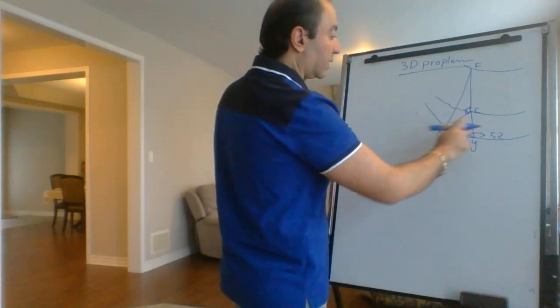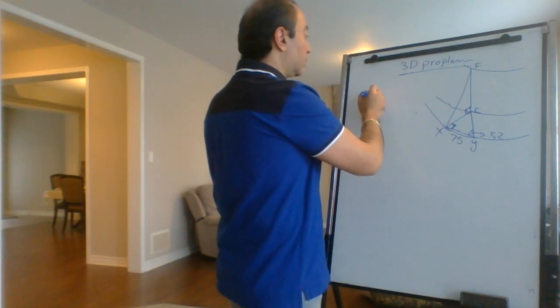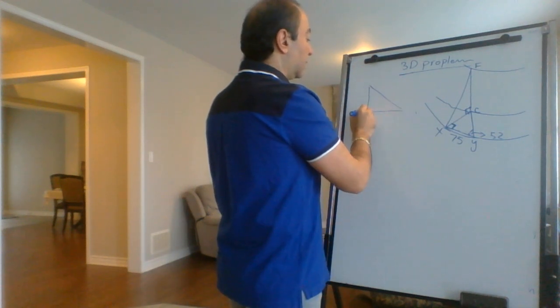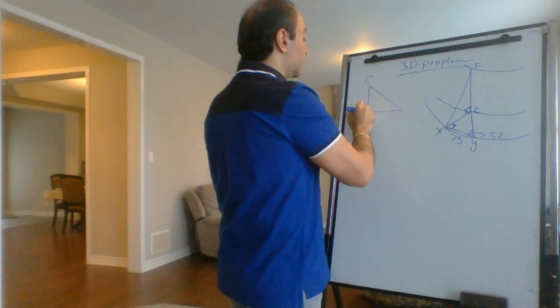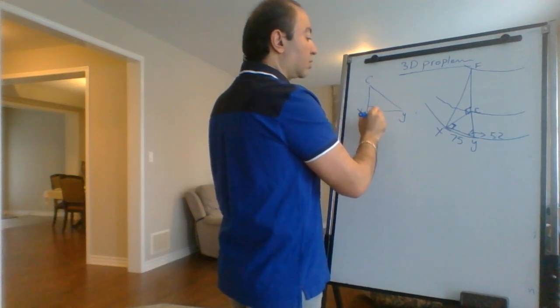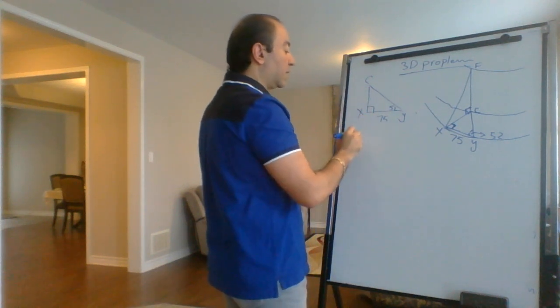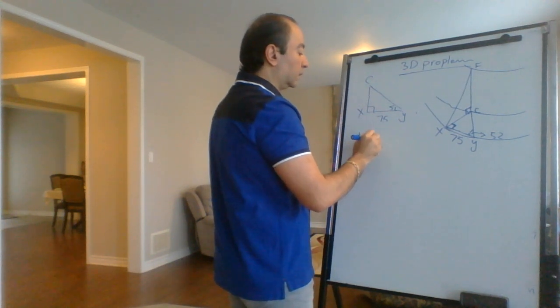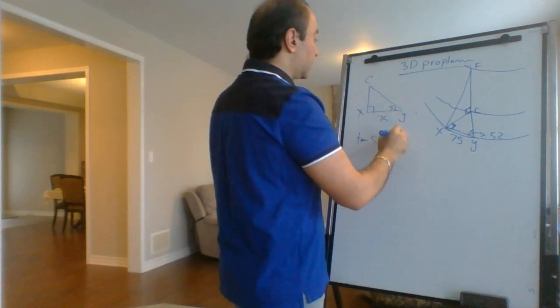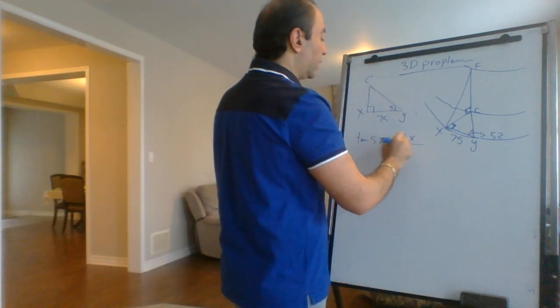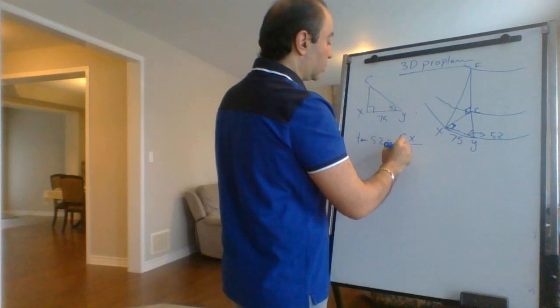So if we look at this right triangle, the one in the bottom over there, it is like this. This is C, this is X, this is Y. This is a right triangle, this is 75, this is 52. So if I use tan 52, that will equal the opposite, which is CX, over the adjacent, which is 75.